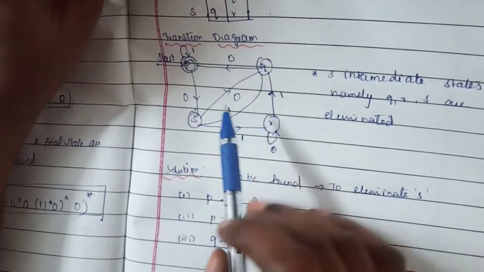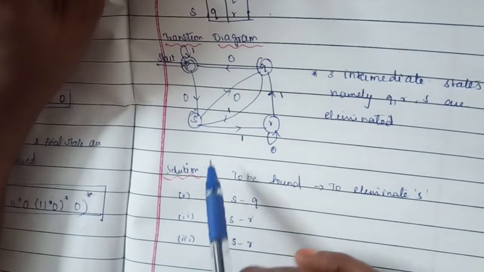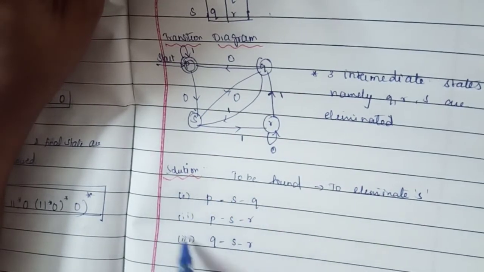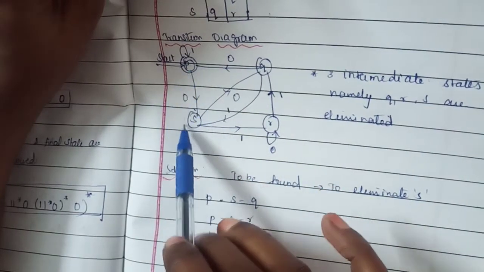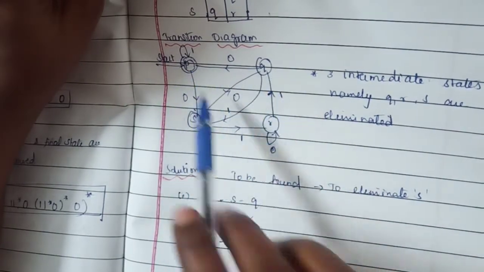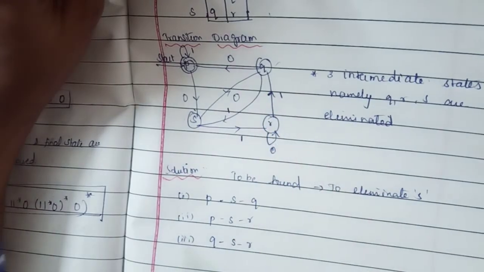After finding out these things, we have eliminated the state S, and we have the three states left over.